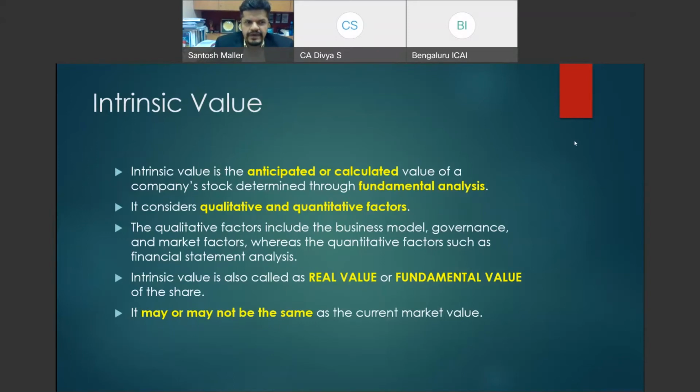So if I have to determine the intrinsic value of a share, it has to be based on complete knowledge of the company, the underlying asset. I cannot say that I have bluffed the investor and not disclosed the proper state of affairs of that company, and negotiated that way and arrived at the valuation. That doesn't work.